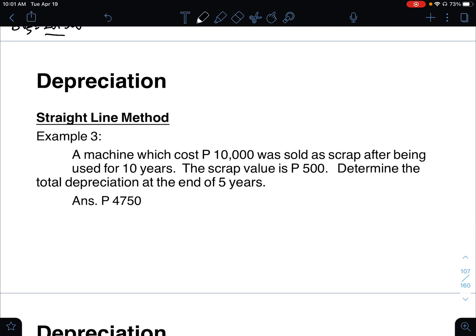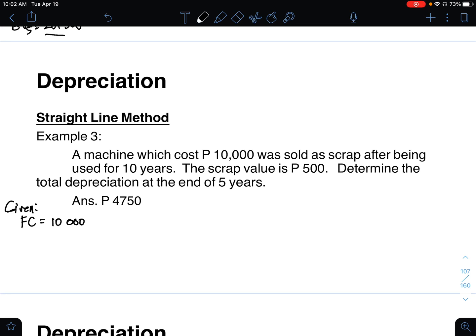So we are going to determine the total depreciation at the end of 5 years. So what is the total depreciation at the end of 5 years? So problem number 3 is looking for DM, question mark. So we have the first cost given, which is 10,000 pesos.